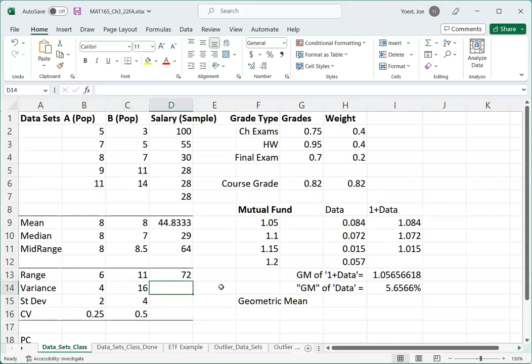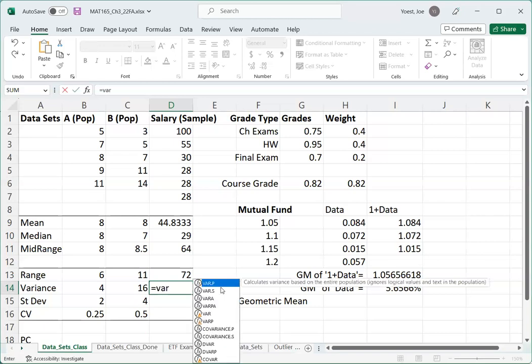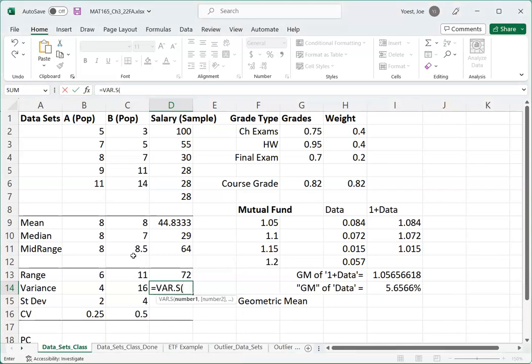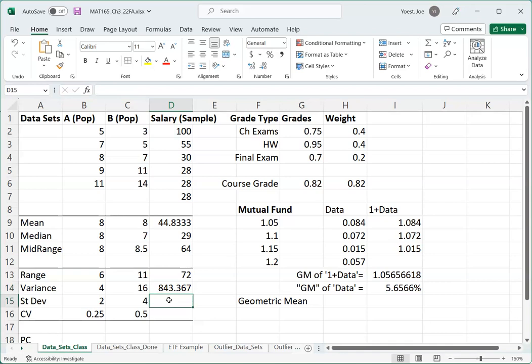For the salary, let's calculate the variance. Now I want VAR.S for sample variance. The salary data is a sample. And again, I can drag and select, or I can just start typing in salary, hit tab to complete. The variance of the salary data is this 843 number, and that's in thousands of dollars, but all squared. So millions of square dollars.